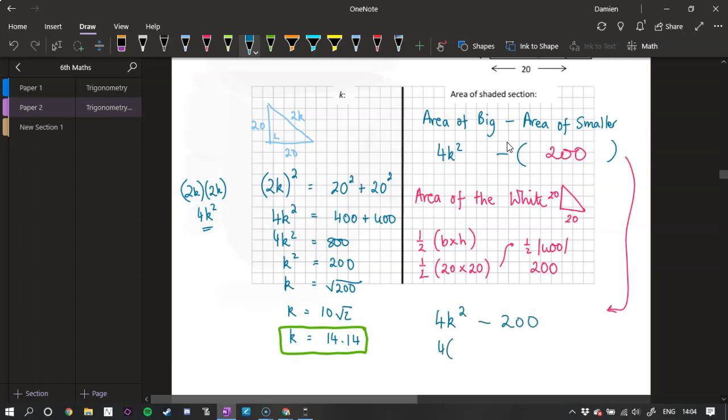So we've got 4 times 14.14 squared minus 200. Our final area, when you tap this into the calculator, you end up with 599.7584 centimeters squared, and this question asks you to round it, so that equals 600 centimeters squared. I just realized I put a cubed in there. It's not cubed, that's volume of course, so it's centimeters squared.